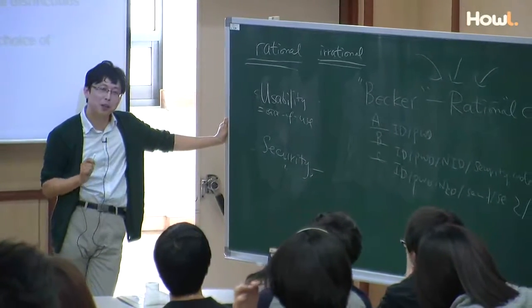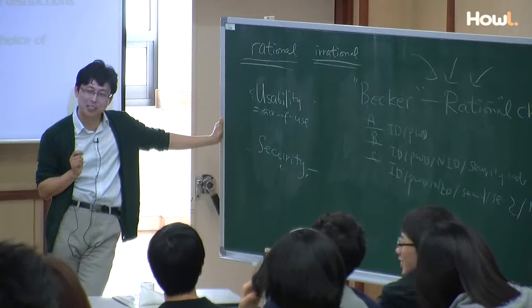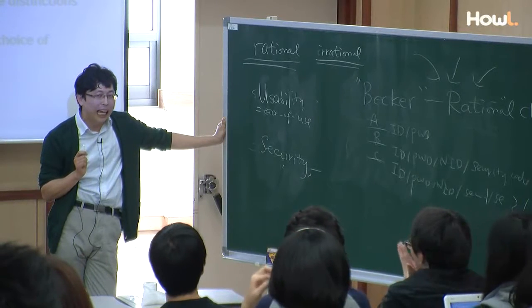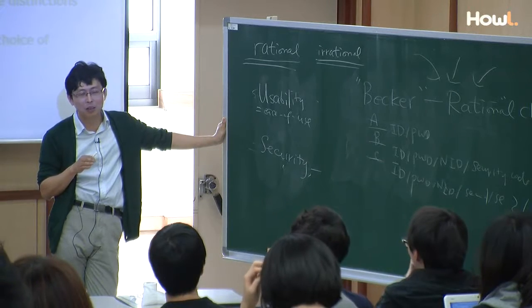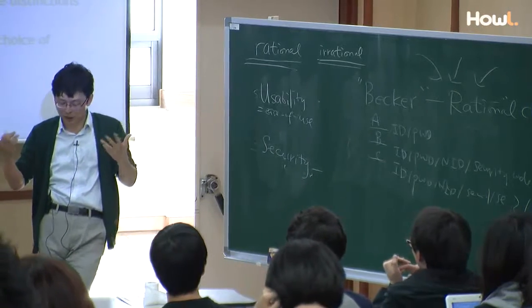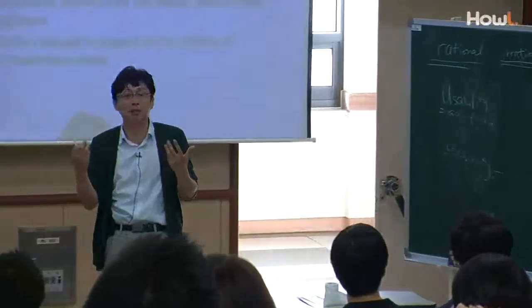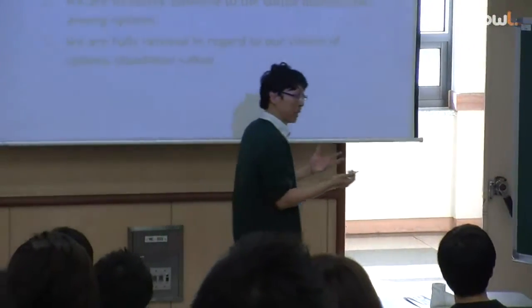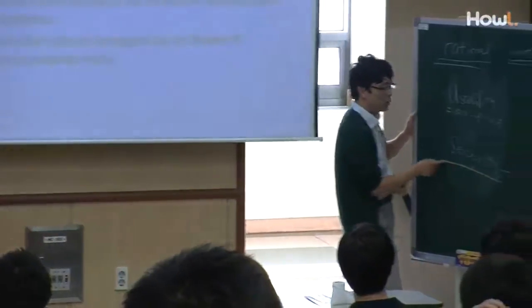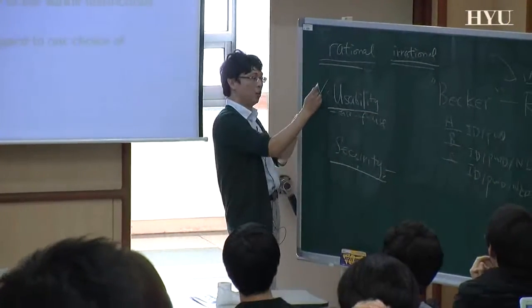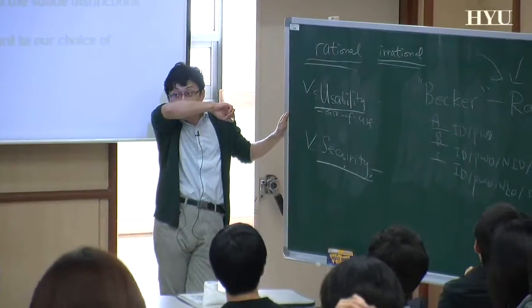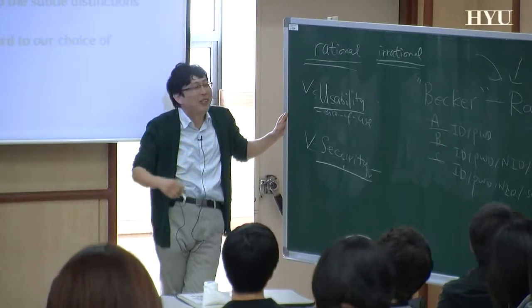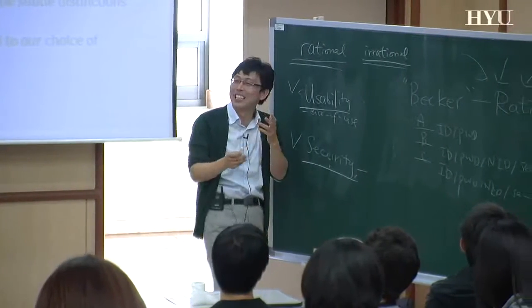I know that A is the best, but if I use A, probably someone is hacking my account, identity thieves, thieving identity. That kind of problem happens. So which one do you want to choose? A or B? Sorry, A or C?